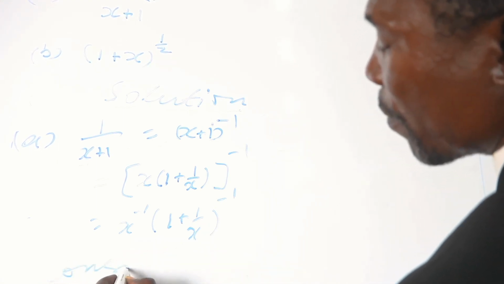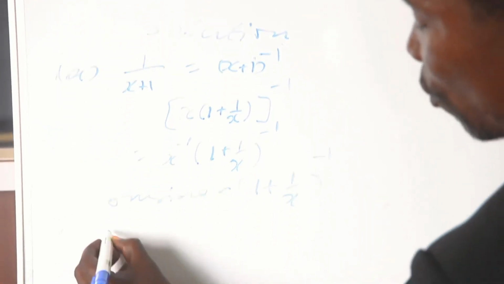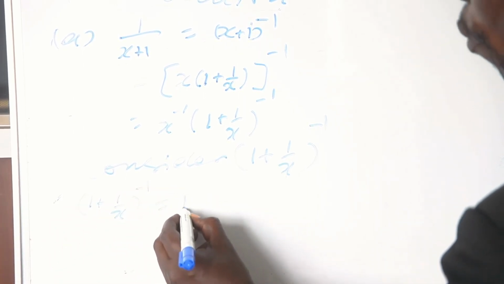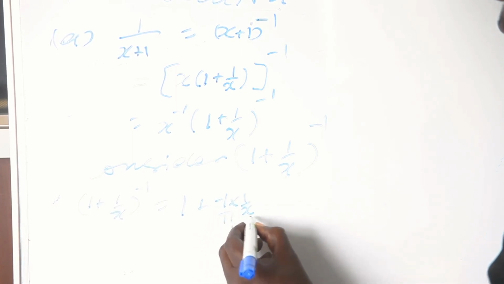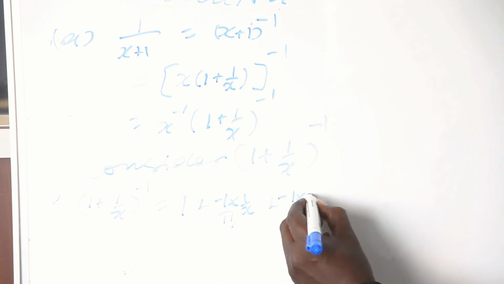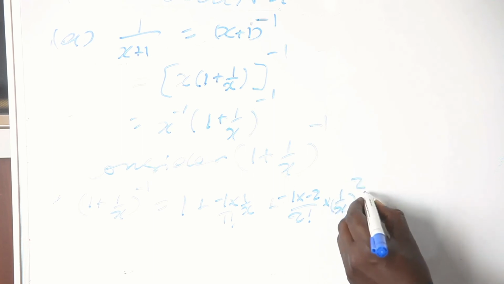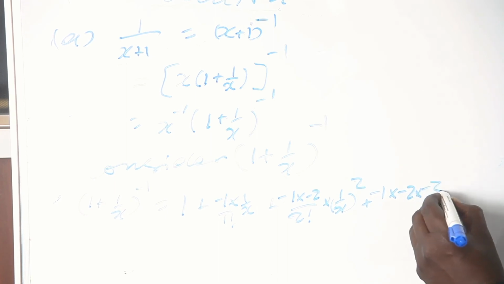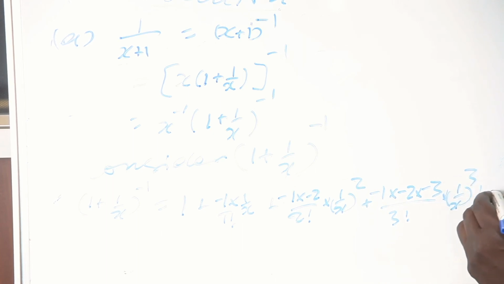Consider (1 + 1/x) raised to the power negative 1. And we write it as 1 plus negative 1 times 1 over x over 1 factorial plus negative 1 times negative 2 over 2 factorial times (1/x) raised to the power 2, then plus negative 1 times negative 2 times negative 3 over 3 factorial times (1/x) raised to the power 3, and so on.